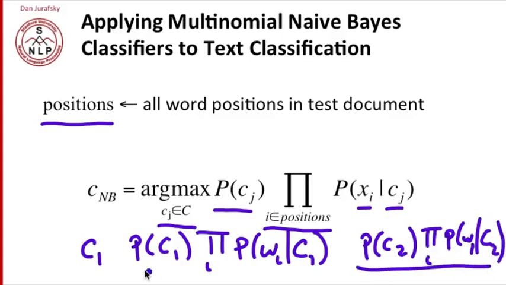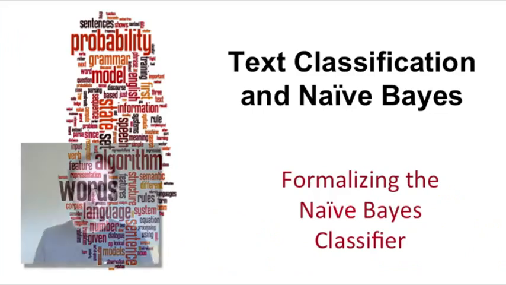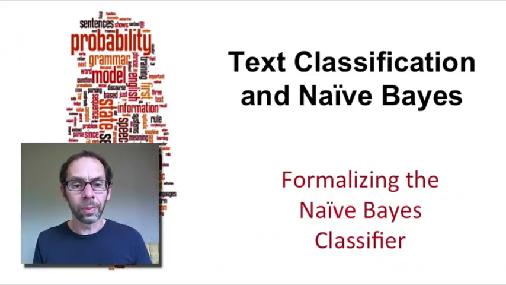And then we're going to pick whichever of these two is the highest. If this is higher, we're going to pick class 2 and assign it to the document. If this is higher, we'll assign class 1 to the document. Of course, I've shown you this with just 2 classes, but in general, this is true for any number of classes. So that's the formalization of the naive Bayes classifier.